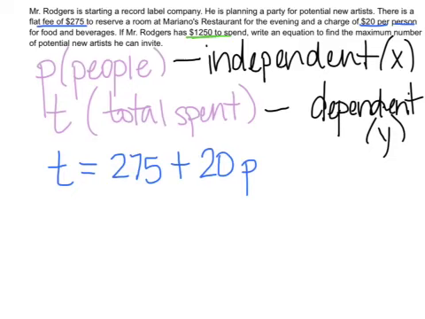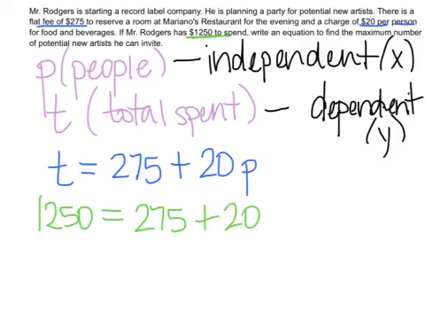So I'm going to replace my total with the total that I'm looking for: $1,250 equals 275 plus 20p. So that is my equation that I could write to represent this situation. And I could solve that equation to figure out P, number of people.